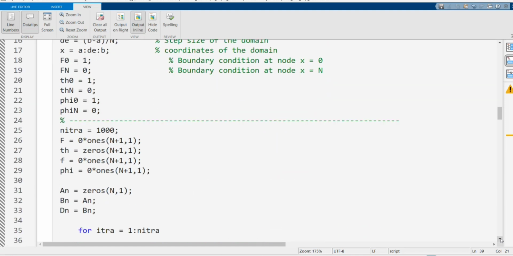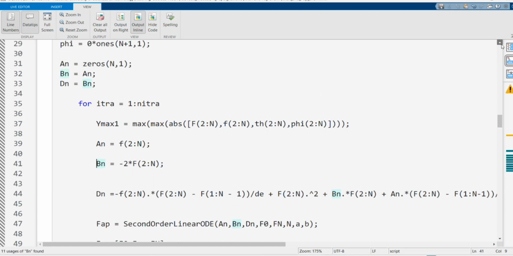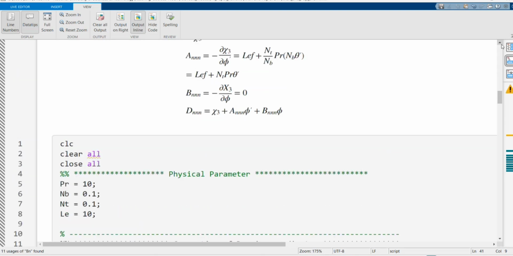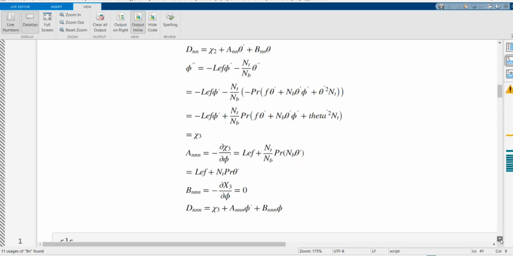Since we are applying finite difference, f should start from 2 to capital N. Bn is minus 2 f, which is the same as we calculated earlier, and theoretically we did it, and you have to do this for your own problem. An is f, Bn is minus 2 capital F, so we call it capital F.